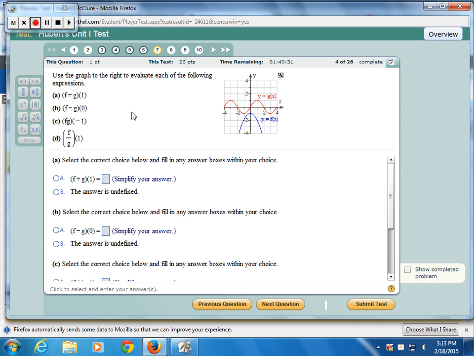So like if f of x was x plus 4 and g of x was x plus 2, then your final answer would be 2x plus 6. And then you could plug in f plus g of 1 and get 2x plus 6, that'd be 2 plus 6 is 8. You get 8.